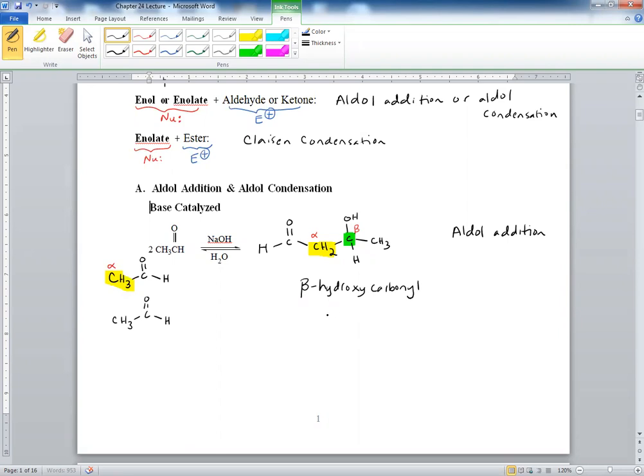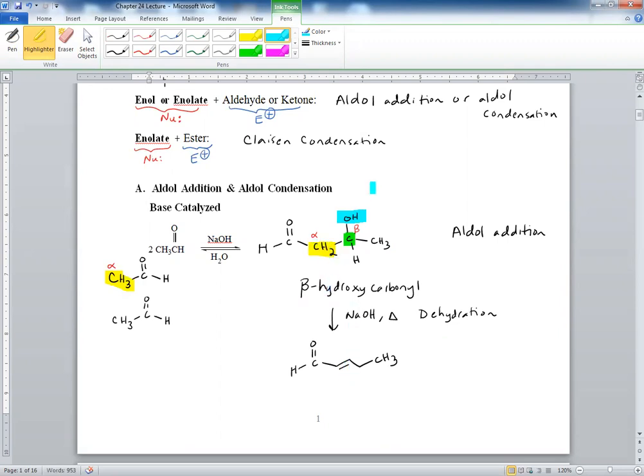Now, if this reaction undergoes dehydration, so you have a base, and that's a dehydration, getting rid of water, then it will turn into the condensation product. Basically, I don't want to mark too much here, not to confuse you, but imagine this OH, and then one of those H's.